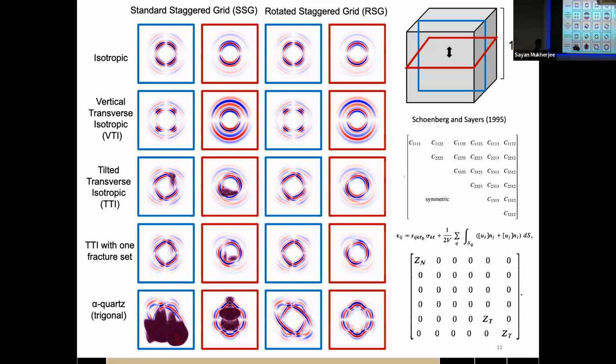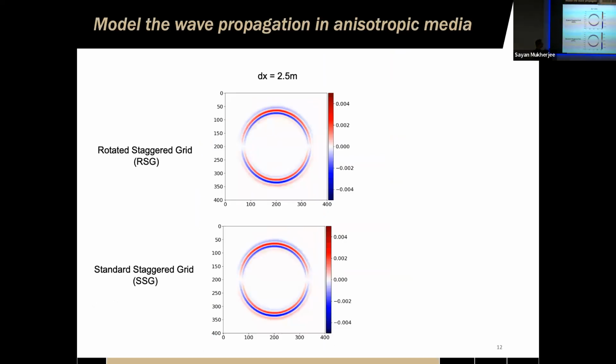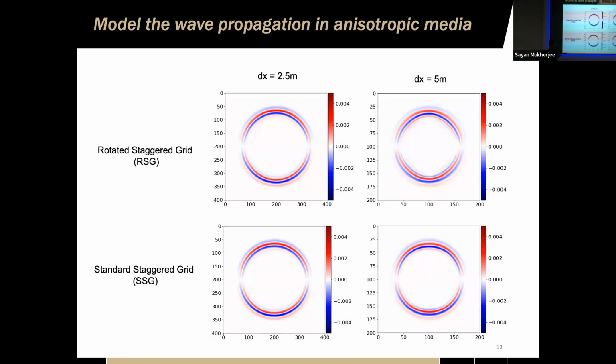However, the rotated staggered grid does not always perform better than SSG. Here, if we have a spacing interval of 2.5 meters, they give the same kind of result. However, if I lower the resolution and make it 5 meters, and you take a close look, there are some circles inside circles for this one.